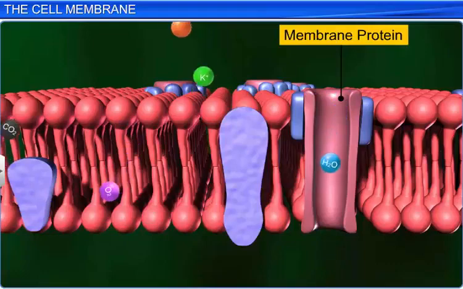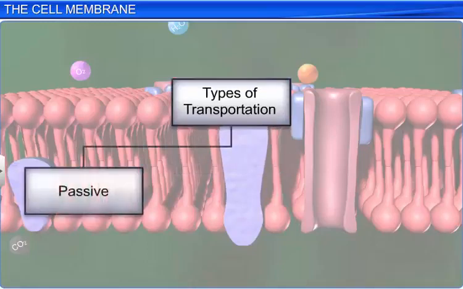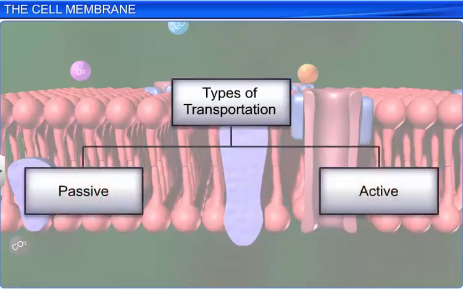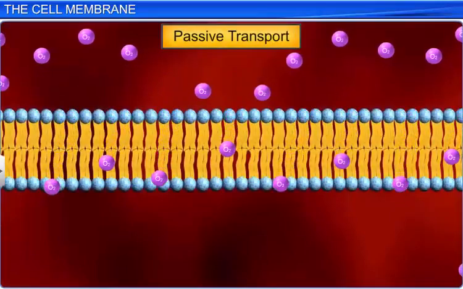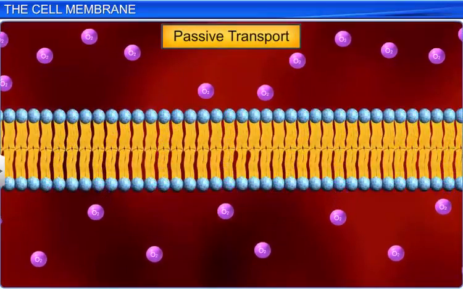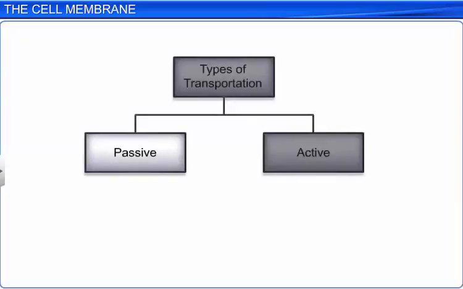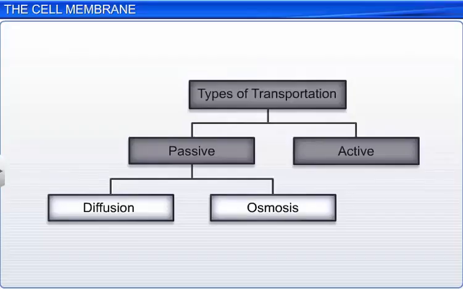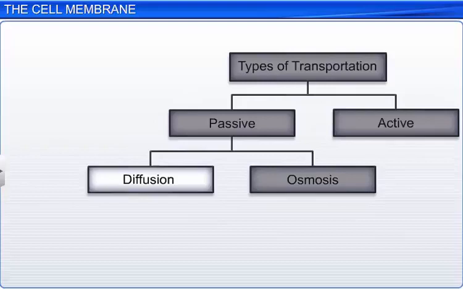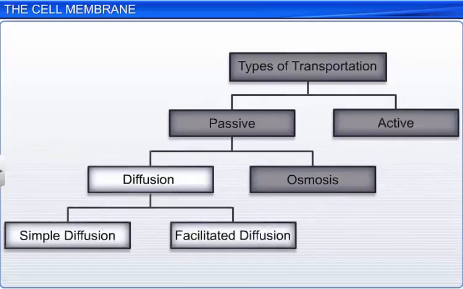The transport of these ions and molecules takes place either through passive transport or through active transport. In passive transport, substances require no metabolic energy to move across the membrane. Passive transport occurs either through diffusion or osmosis. In a cell membrane, we observe simple diffusion and facilitated diffusion.